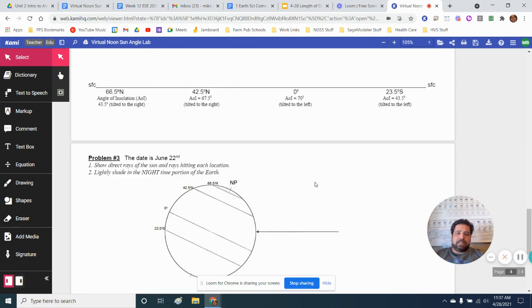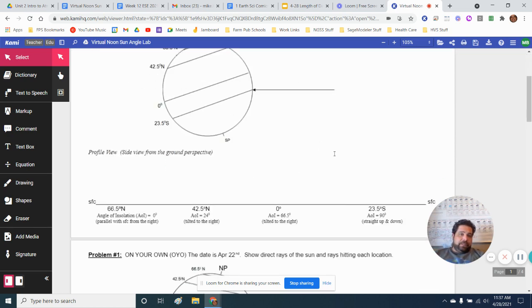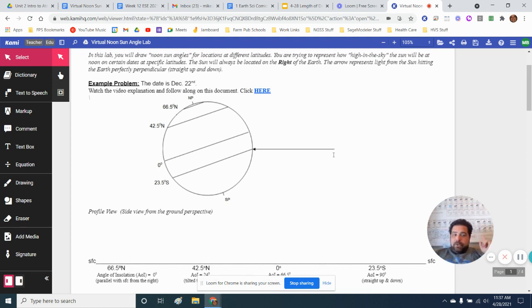Here's May 22nd. The sun is always on the right side. Now it's a little confusing because obviously the Earth orbits the sun, so if the sun is always on the right side, we're only going to see that perspective of the Earth from the sun being on the right.